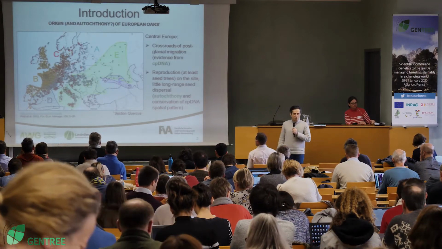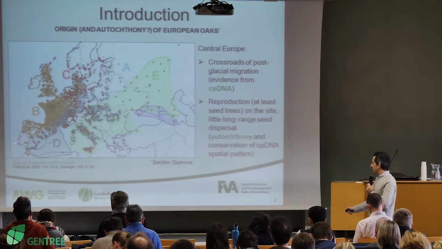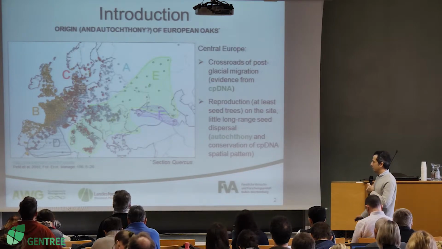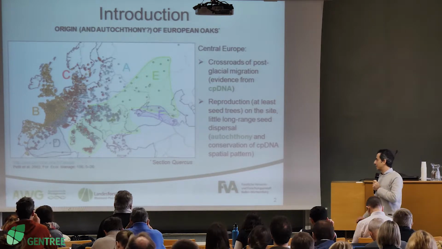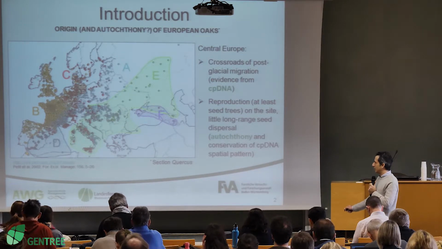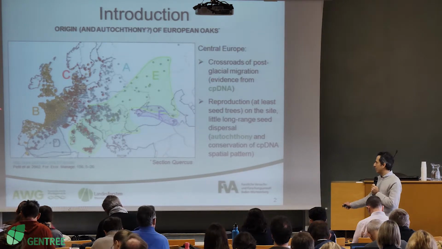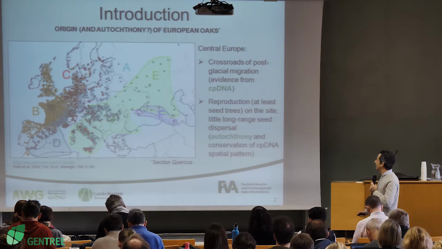As an introduction, I chose a picture many of you may know. It's the spatial pattern of chloroplast DNA distribution in European white oaks. As we can all see, we have these different colors which correspond to different maternal lineages, and we can see that we have this lineage B, which is distributed from the western part of the Iberian Peninsula north to Denmark and England.